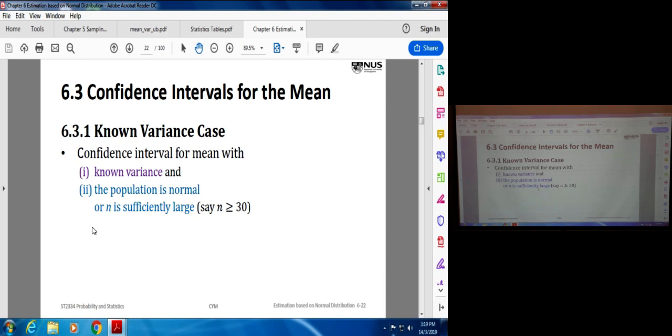Remember, by the central limit theorem, we can justify that for large samples the sample mean is approximately Gaussian. So either the variables are Gaussian or we apply the central limit theorem, and the variance is supposed to be known.